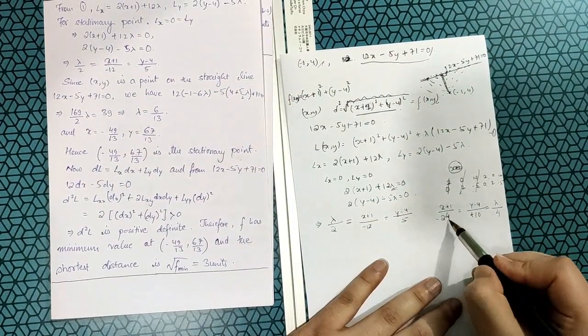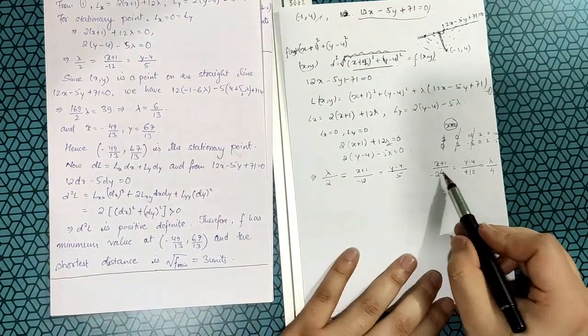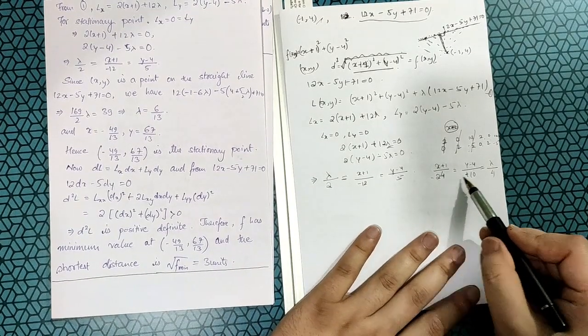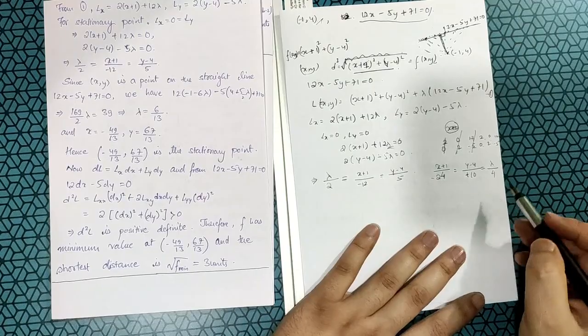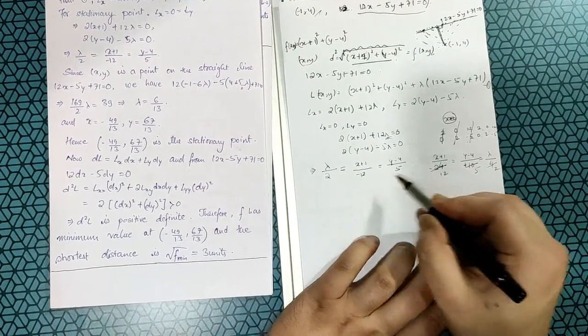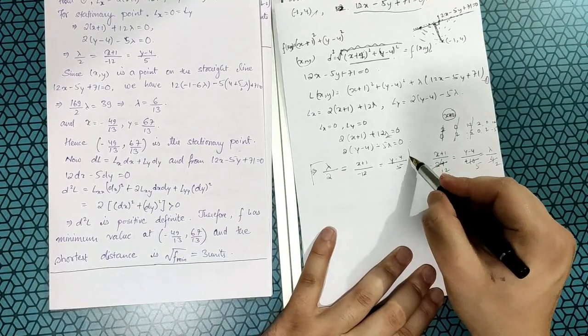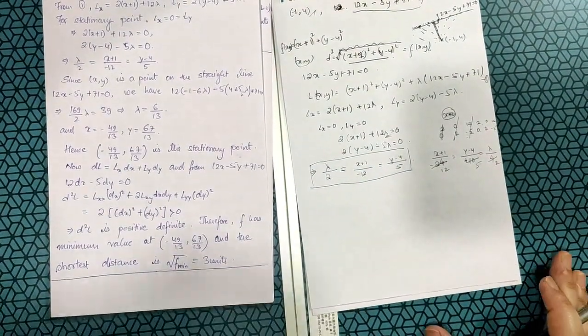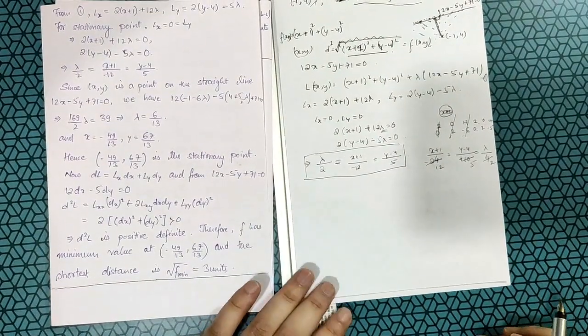So here we see that we have a common multiple of 2, so we can cancel it and we get the desired result, right? So this is how we get the cross multiplication.